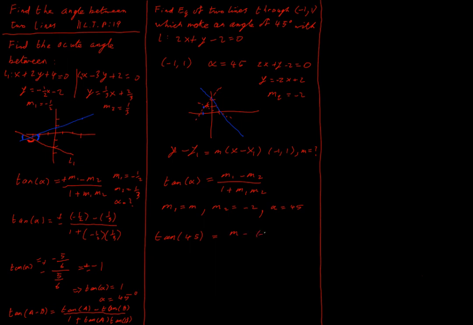M minus -2 all over 1 plus M times -2. And I have a plus or minus in that formula, which I dropped. My apologies. Now I rearrange that. Tan of 45 is 1, equals plus or minus M plus 2 all over 1 minus 2M.